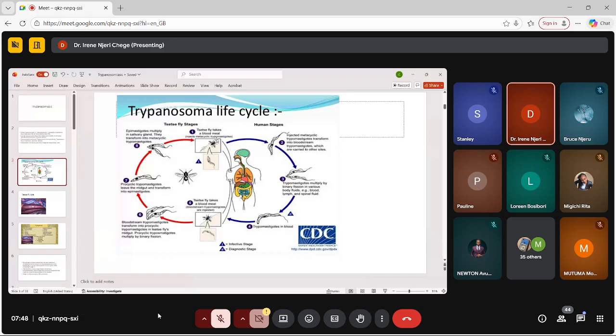And here you will see that, unlike the mosquito, both the male and the female tsetse fly can cause this condition. It's not only, like in the mosquito, where it is only the female Anopheles mosquito. Now, T. gambiense causes, let's see if we've written, there's a slide for that.